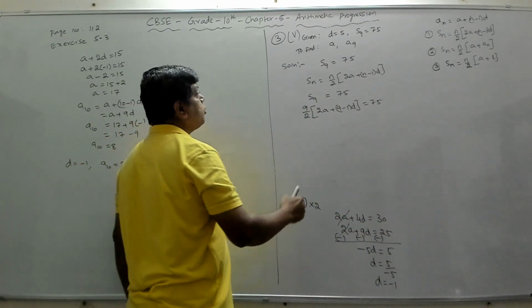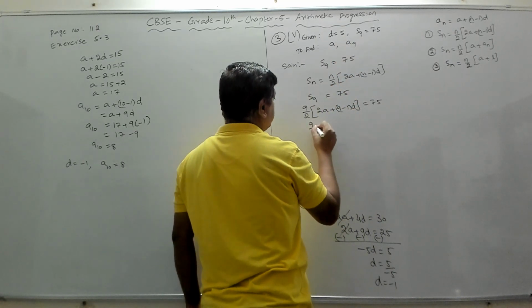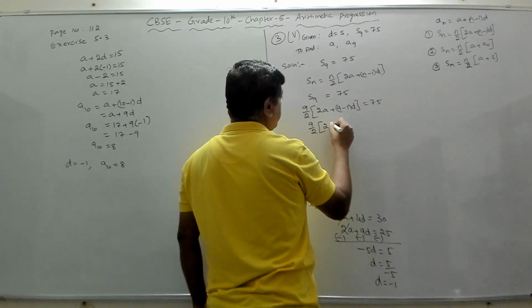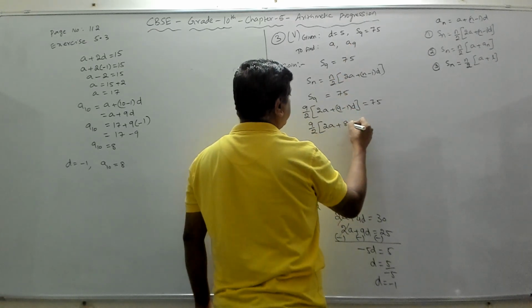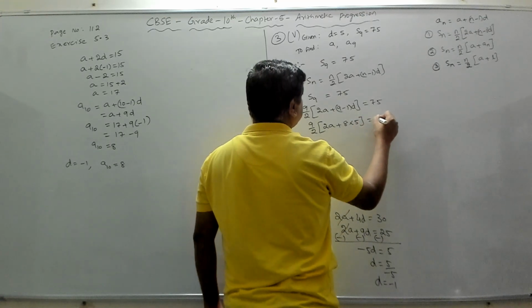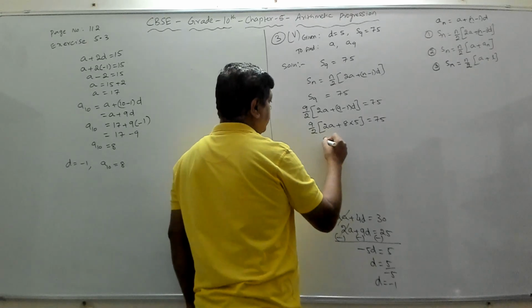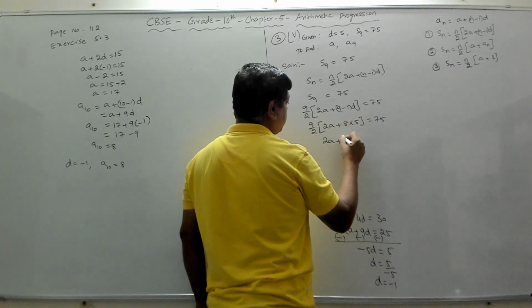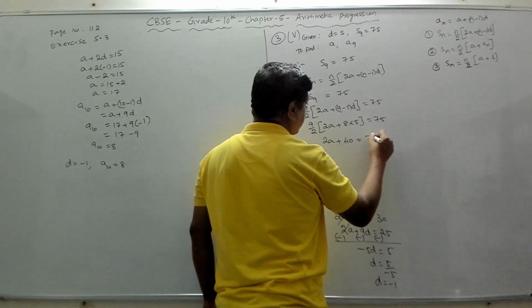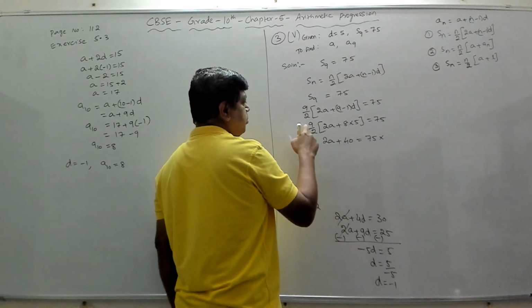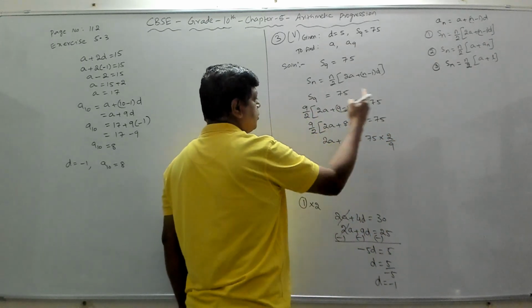Now we can substitute d as 5 here. So 9 by 2 into 2a, a we don't know, plus 9 minus 1 is 8, and d is given as 5, so 8 into 5, equal to 75. Now 2a plus 8 fives are 40, equal to 75 into, this goes to the other side, 9 by 2 becomes 2 by 9.